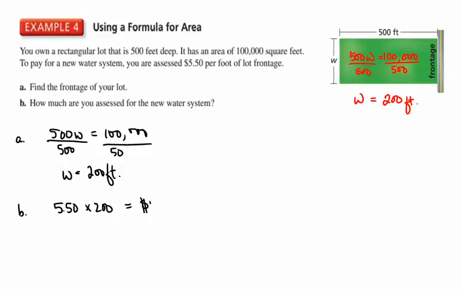That would be $1,100. All right, so those are the two answers that we needed. We know that the width, which is equal to the frontage, is 200 feet, and we know that the assessment for the new water system would be $1,100 for your property.